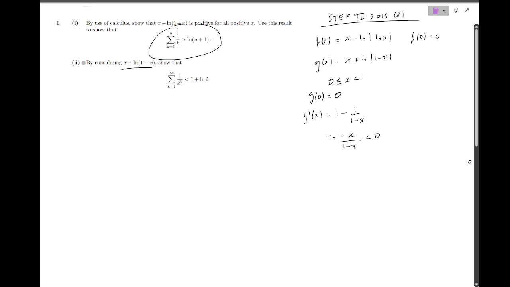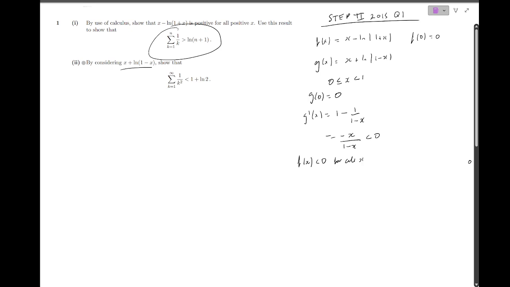So basically this is less than 0. So that suggests our function is decreasing from the origin onwards. And if it's decreasing from the origin onwards, then we could say that this function in itself is always negative. So g of x is less than 0 for all x.